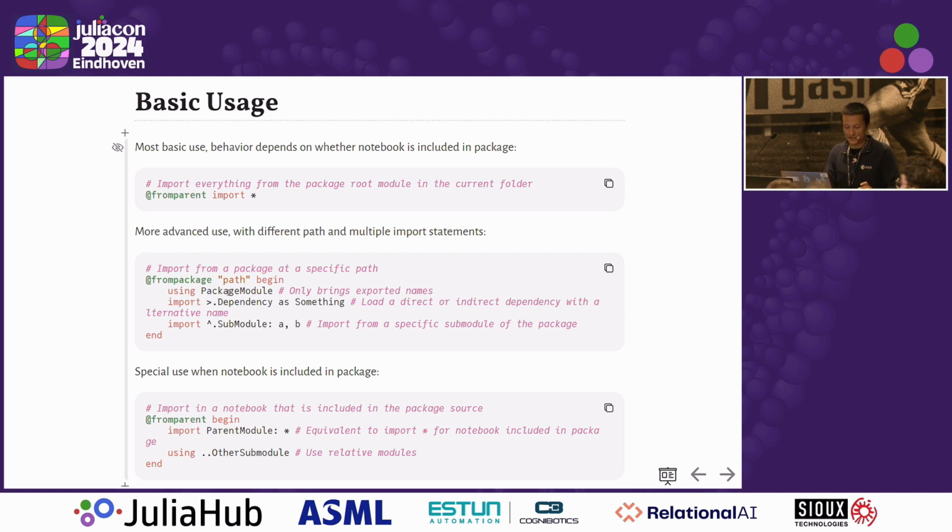If you see here, there is the package module, which is the root package of the local package. You have the parent module, which is only applicable if your notebook is included in your package, and it's basically the module where the file is included. And then this dependency. The reason I had this caret is that if you have the Pluto package manager and you have a normal word, you will see the bubble of the cloud saying download this.